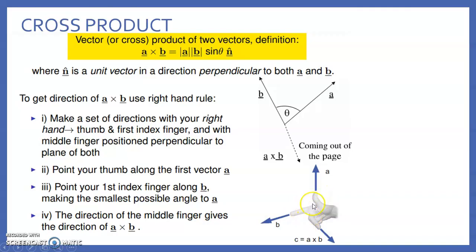You have to point in such a way. So the angle is 90 degrees, here also 90 degrees, and here also 90 degrees. Now point your thumb along the A vector direction, point the second finger along the B vector direction, and the C direction will be perpendicular, will be the resultant. So that's what I said. The n vector is always perpendicular to A as well as to B.